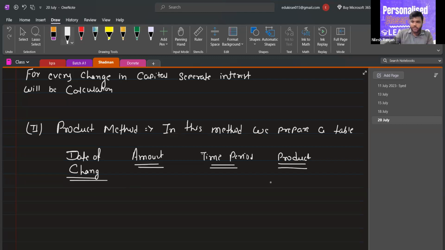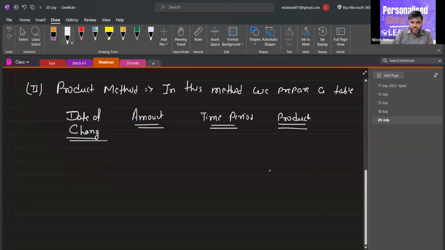Now, after calculation of the product, we will assign the number for every row. It will be 2 into 3.